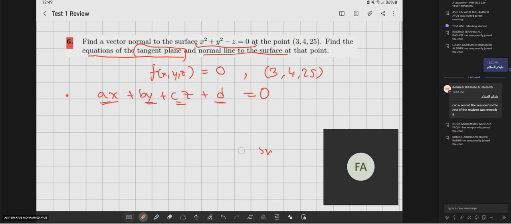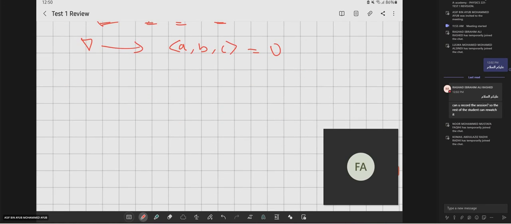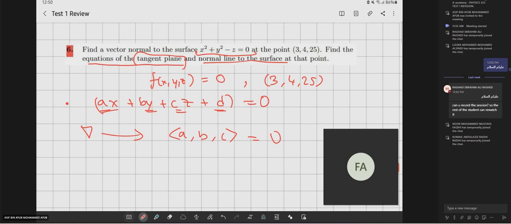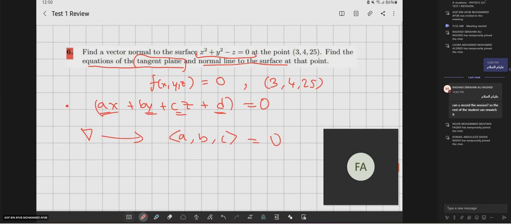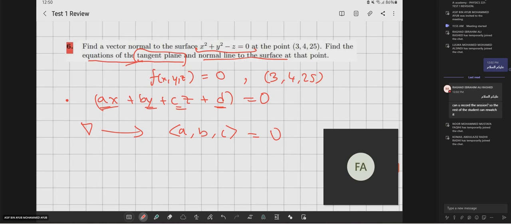And also, if I take the gradient here, I'll find A, B, C. Actually, I'll just take the gradient on one side, equals 0. So this is actually a hint of how to find the equation of a tangent plane.